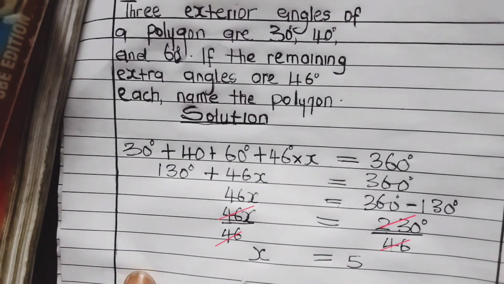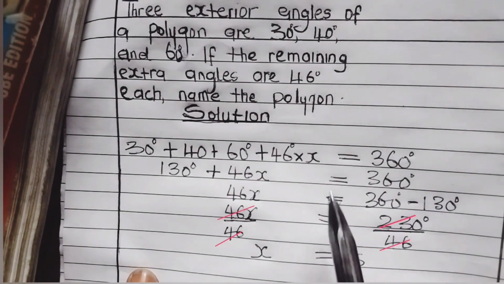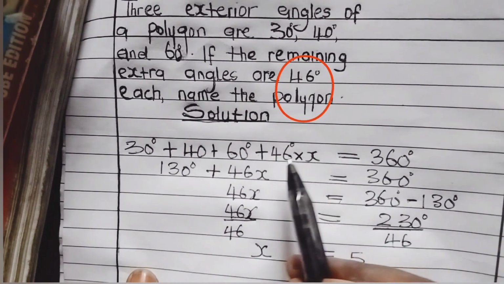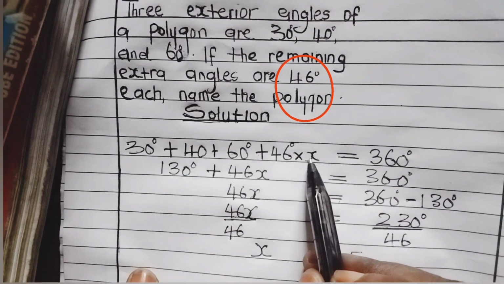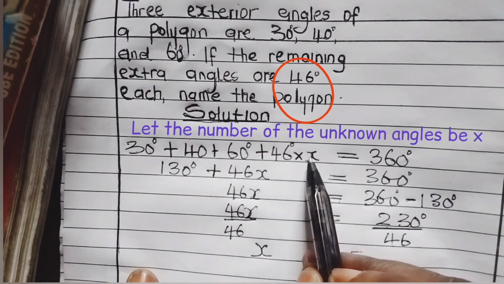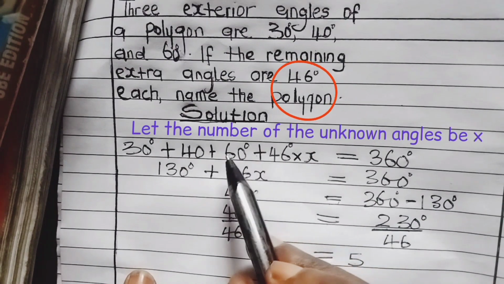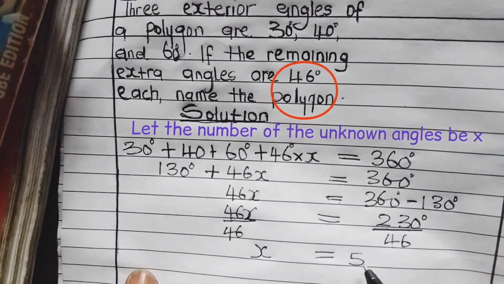Which means x is equal to 5, so the number of angles that are 46 degrees in this polygon is 5.